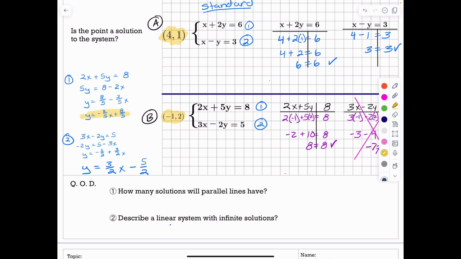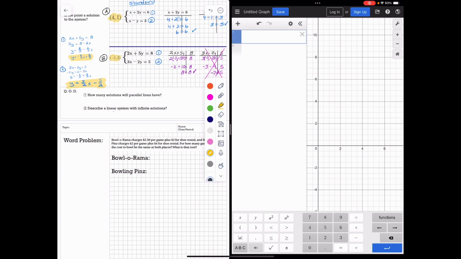Okay, so putting both of these into Desmos. First line, y equals parentheses -2 divided by 5, close parentheses, x plus, and our y-intercept is a fraction.